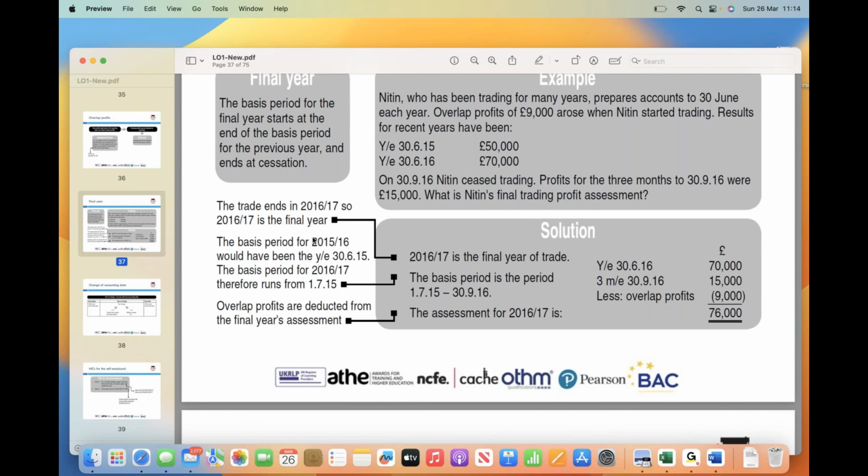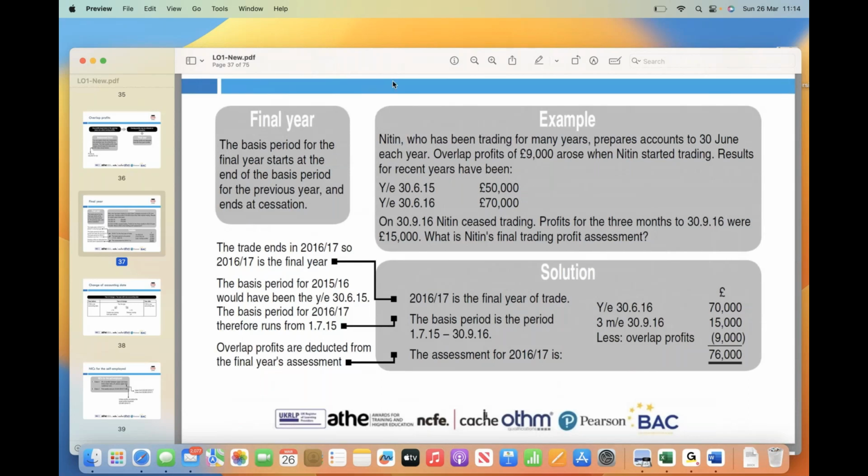cessation of the business, as he ceased his business in September 2016. So in the final year of the business, any overlap profit is deducted from the profit for that year. When assessing a business's tax liability, it is important to ensure that the calculations cover the entire lifespan of the business.